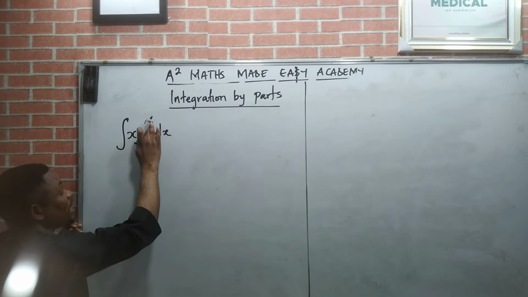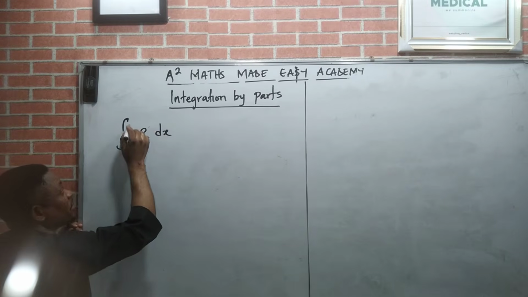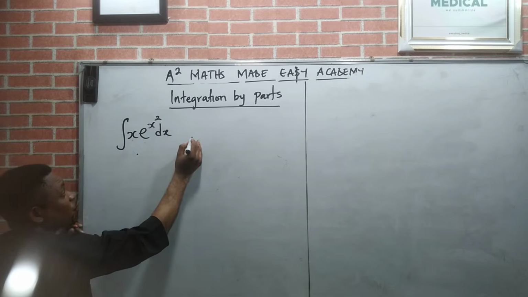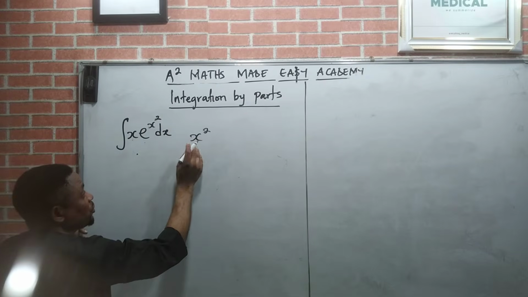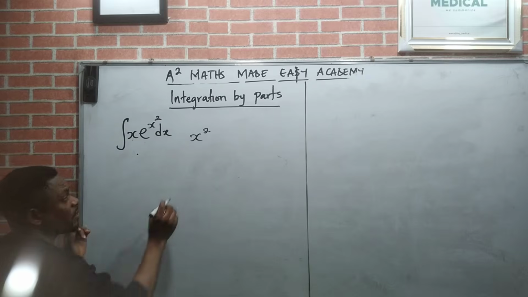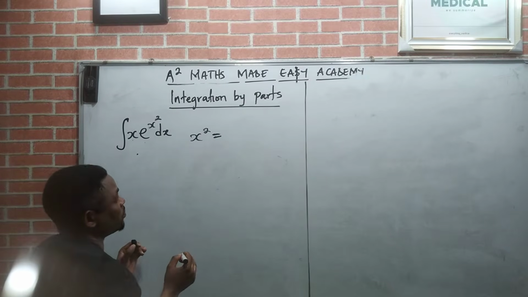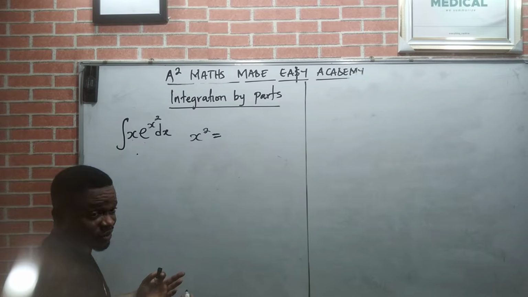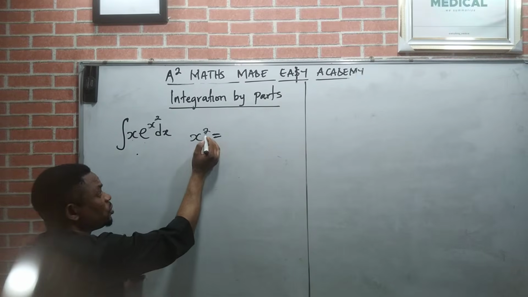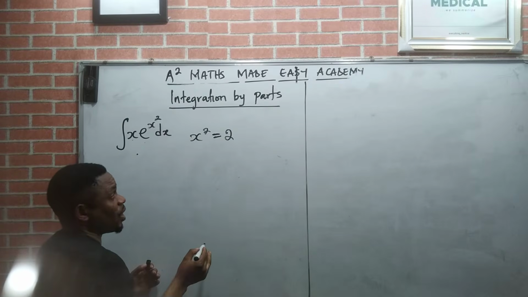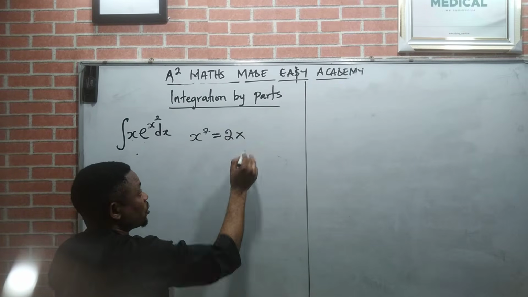But had it been that I have a question like this, the integral of x e^(x squared), are you with me now? You can agree with me that what I'm supposed to do is differentiate x squared. To differentiate this, consider the power, which is 2, then you multiply.